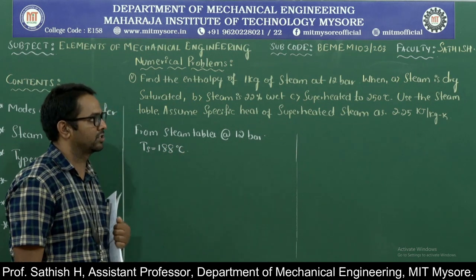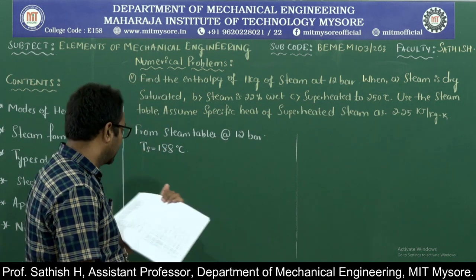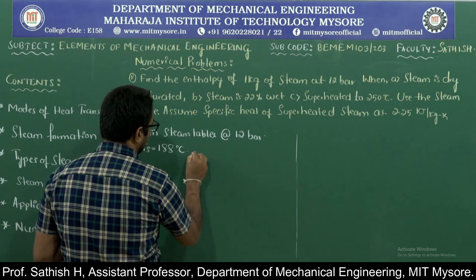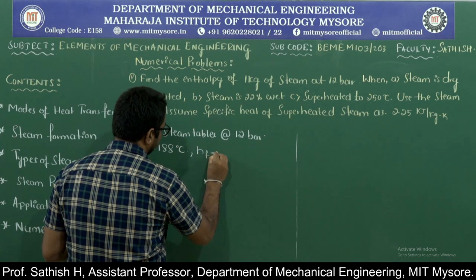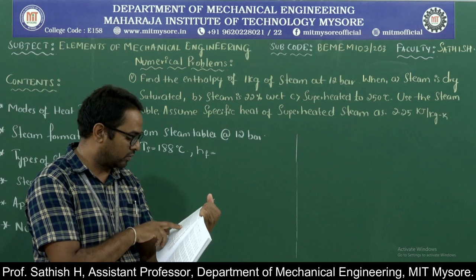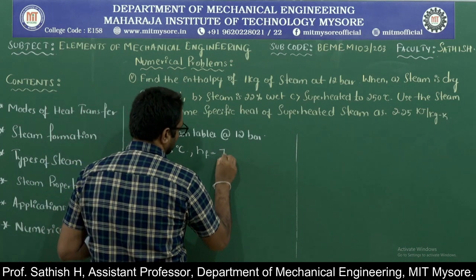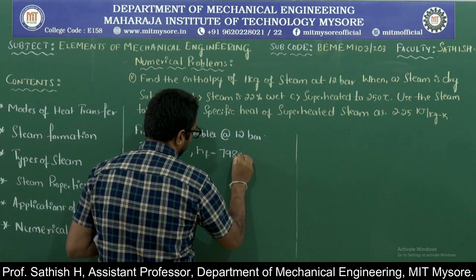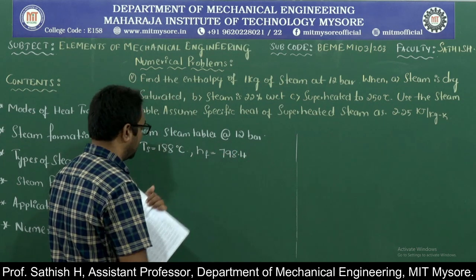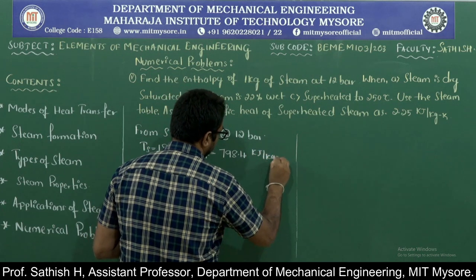Always temperatures are measured in degrees centigrade. Next, I want to calculate hf, the sensible heat. At 12 bar, hf is equal to 798.4. The units are kilojoules per kg.